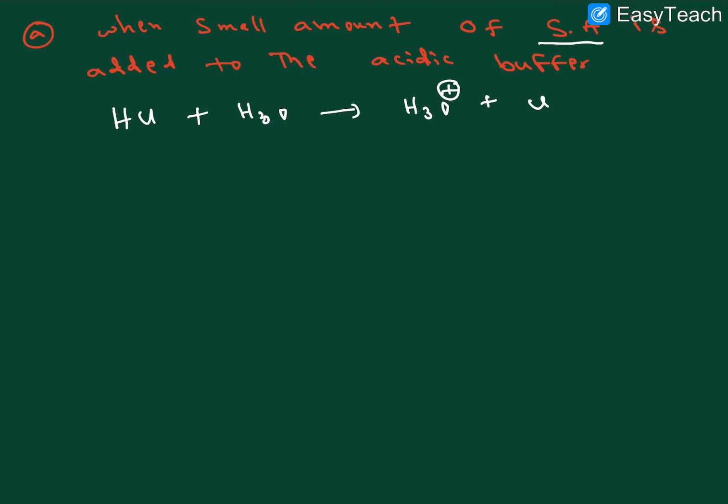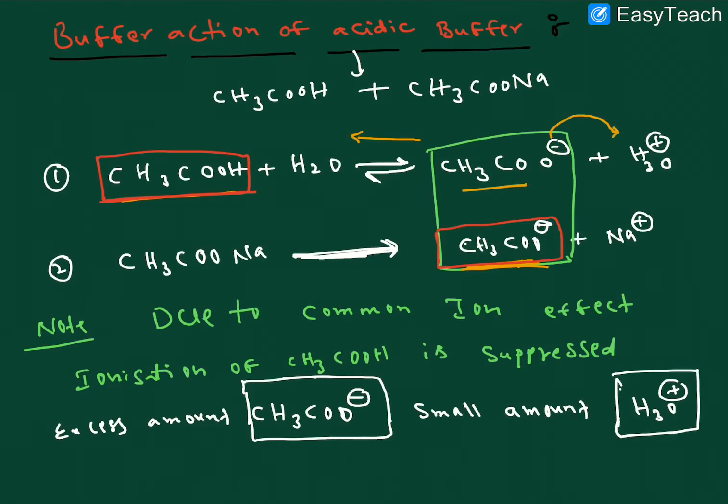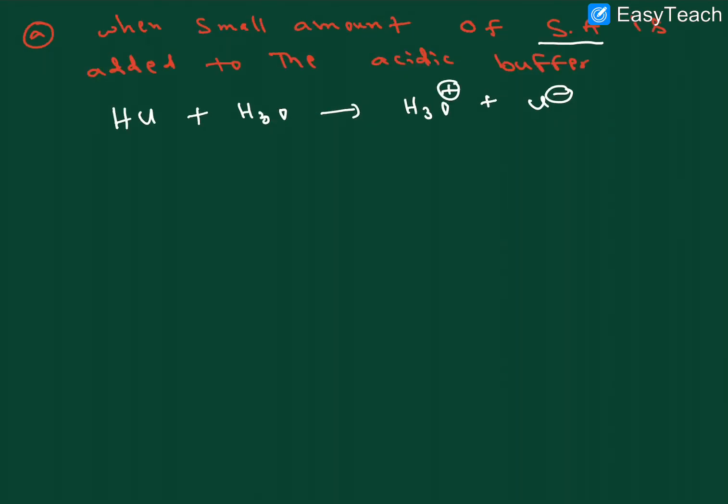It forms hydronium ion and Cl minus ion, right? And in the buffer solution, as we already discussed, what is the excess quantity here? This is the acetate ion, right?